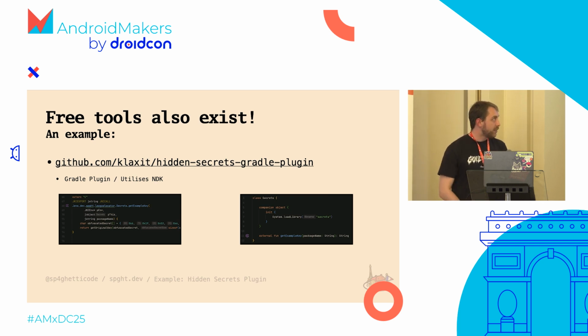So in this case, it's using the NDK. You can see here that you have to load a secrets library that is automatically generated, and the output from the tool is basically this JNI call with the obfuscated secret. It's a bit small. I don't know if people in the back can see that, but essentially it's tried to move the secret into bytes that are also encrypted.